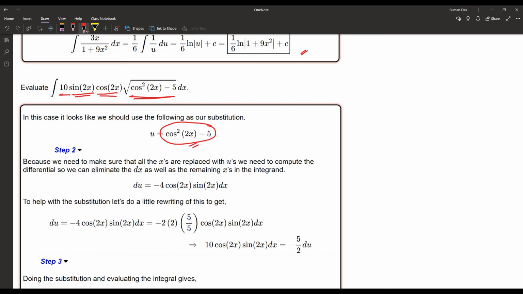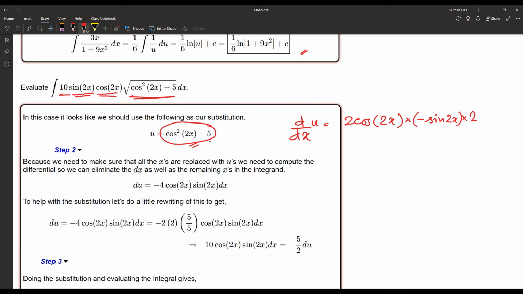So when we are differentiating u with respect to x, as that is cos^2 2x, we get 2 cos 2x into -sin 2x, and for the 2x another 2.